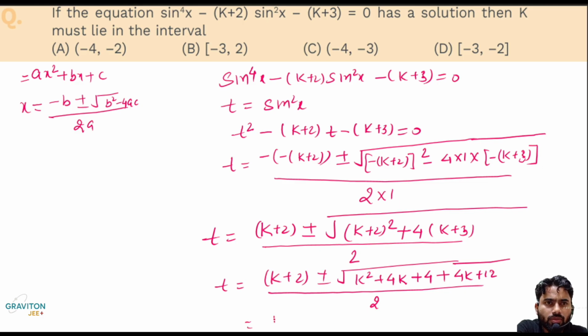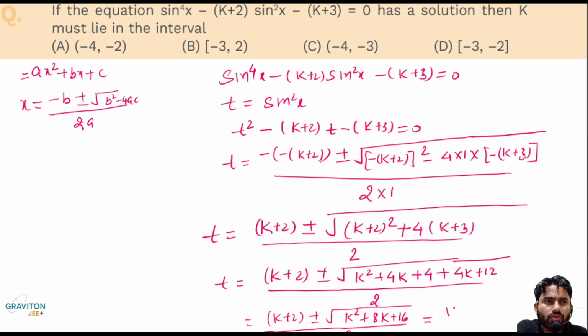This will transform into k plus 2 plus minus root under k square plus 8k plus 16 upon 2.